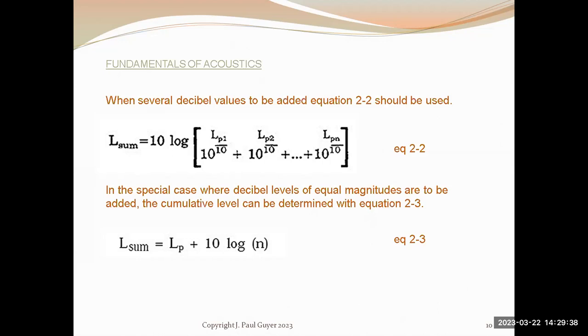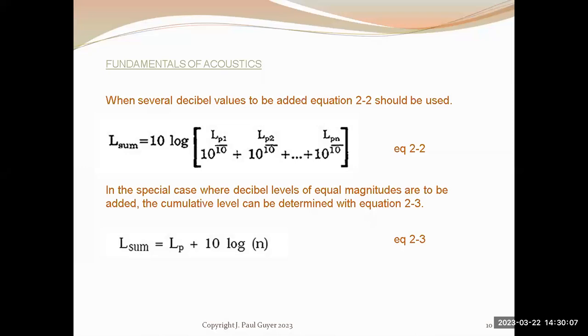The sum of the sound levels is 10 times the log of the quantity in parentheses there, and you just plug in your different source sound power levels and do the arithmetic, and that gives you a calculated sum of the sound power levels of the different sources.